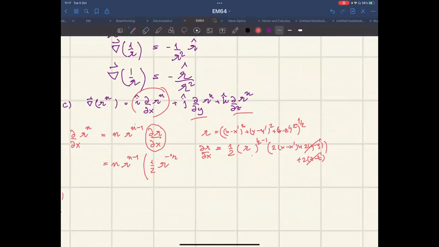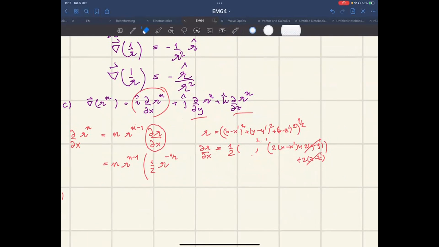Something in this equation is not correct. Can anyone tell me what it is? No one can tell me.